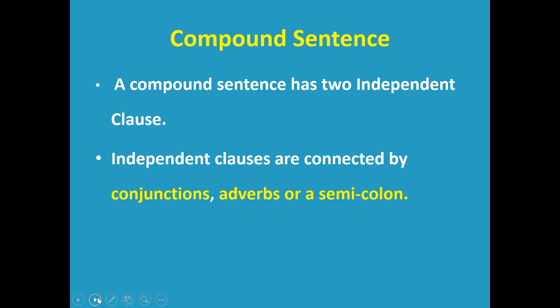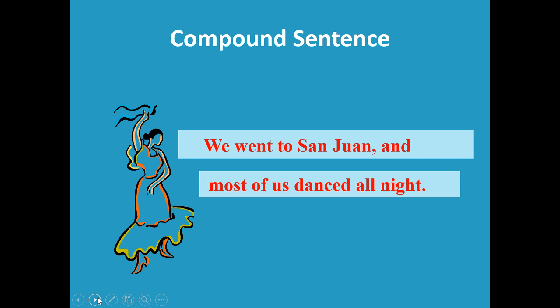A compound sentence has two independent clauses, and these independent clauses are connected by conjunctions, adverbs, or a semicolon. Okay, let's see an example.